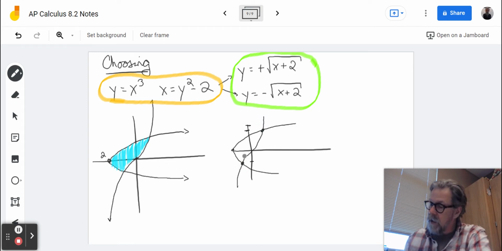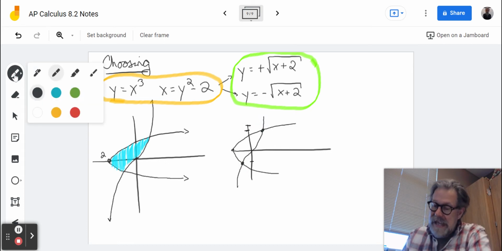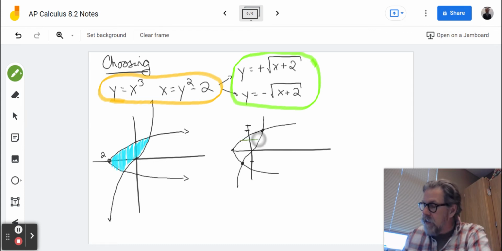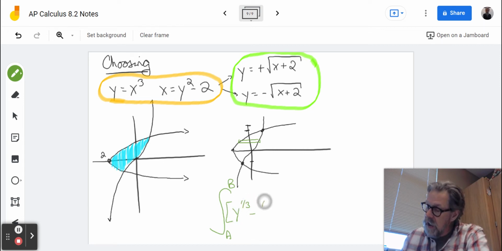Yeah, I did this backwards. And here will be my rectangles. There's my rectangle. So I have the integral from my lower boundary to my upper boundary of, let's see, I've got the cube root of x, y to the 1/3, minus y squared minus 2 dy.